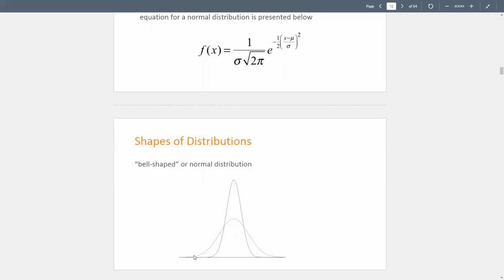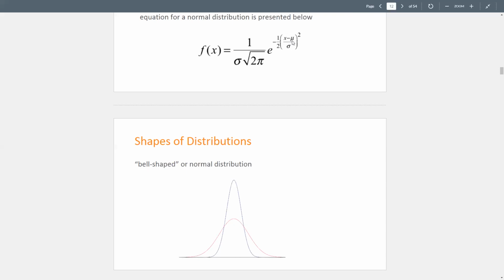So if we continuously sample from a distribution and calculate the mean each time, the sampling distribution of the mean would approximate a normal distribution. But we'll get into that in that section. You don't have to worry about that right now.